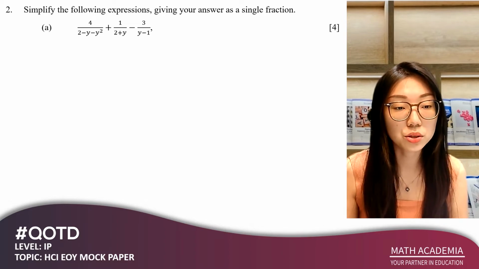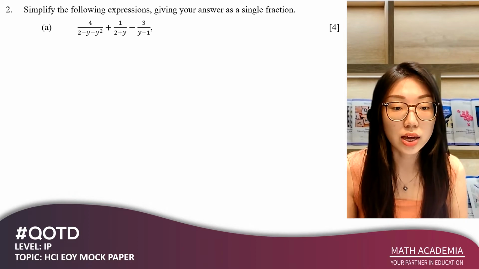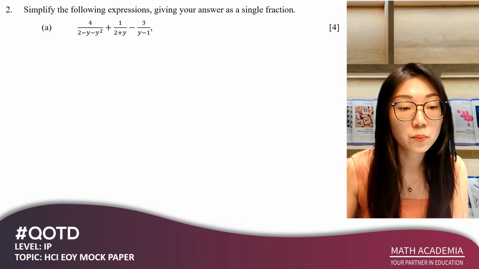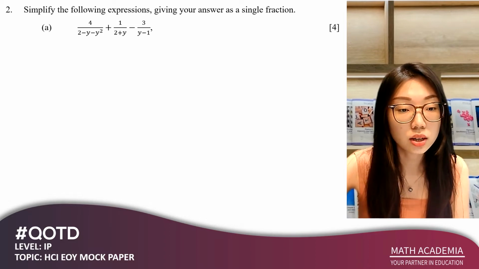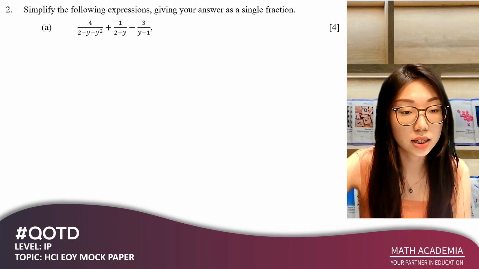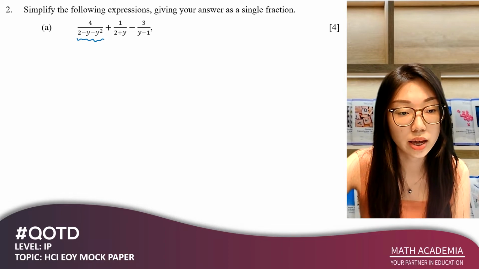Question 2, they want us to simplify the following algebraic expression as a single fraction. Right off the bat we see that this algebraic expression consists of 3 fractions. Looking at our first fraction, we realize that the denominator is a quadratic expression.